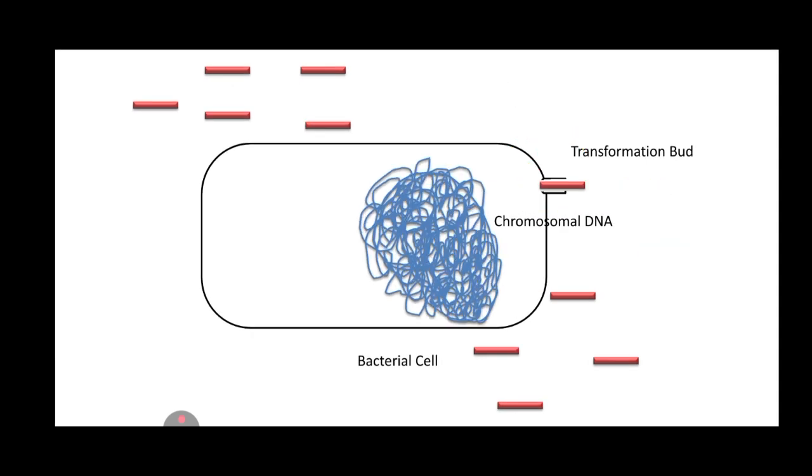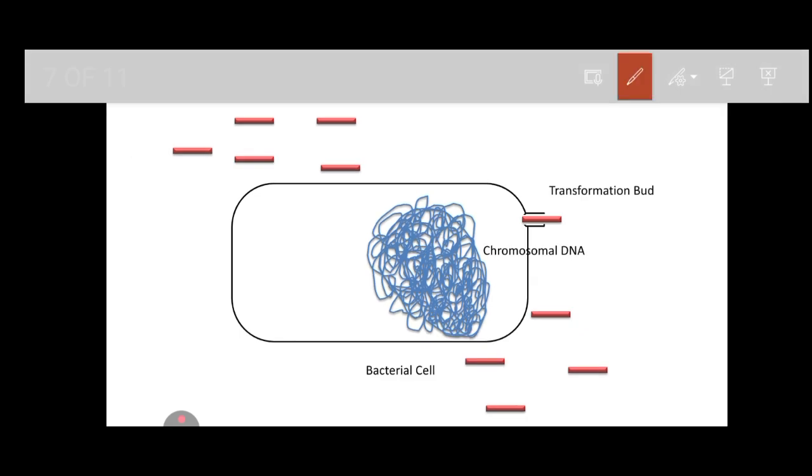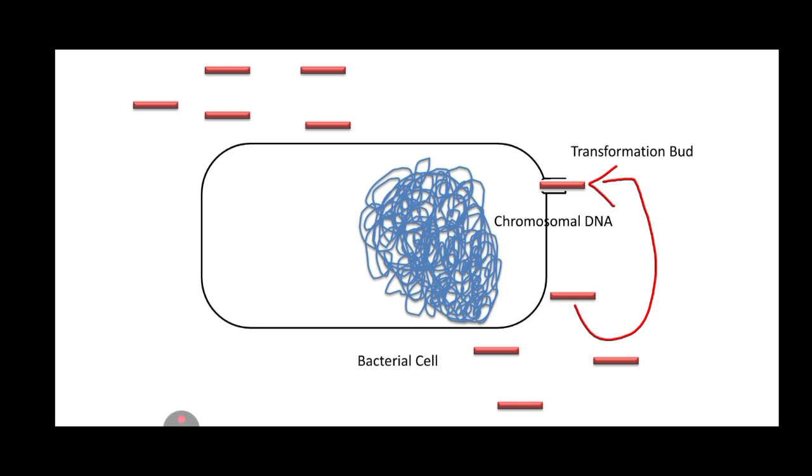And the process continues. Here you could see the uptake of genetic material into the bacterial cell through the transformosome bud, or the receptor protein expressed on the cell during the stage of competency. Upon the DNA binding to the transformosome bud, or transformosome protein, it is gradually taken up into the cell.